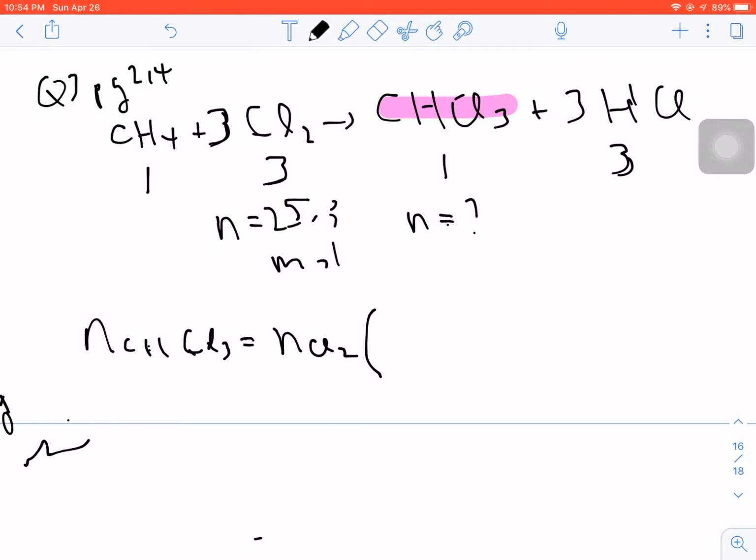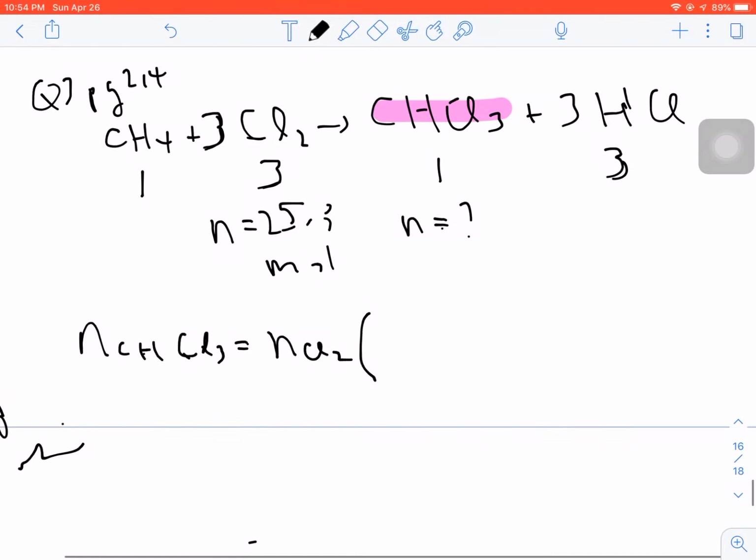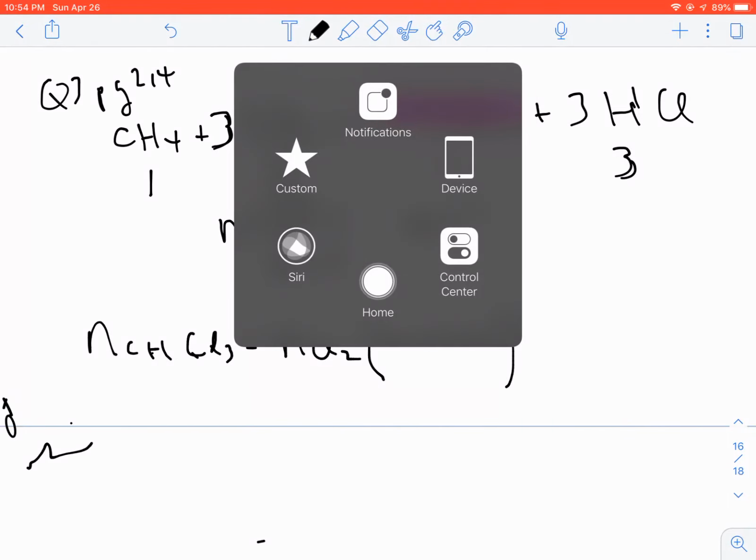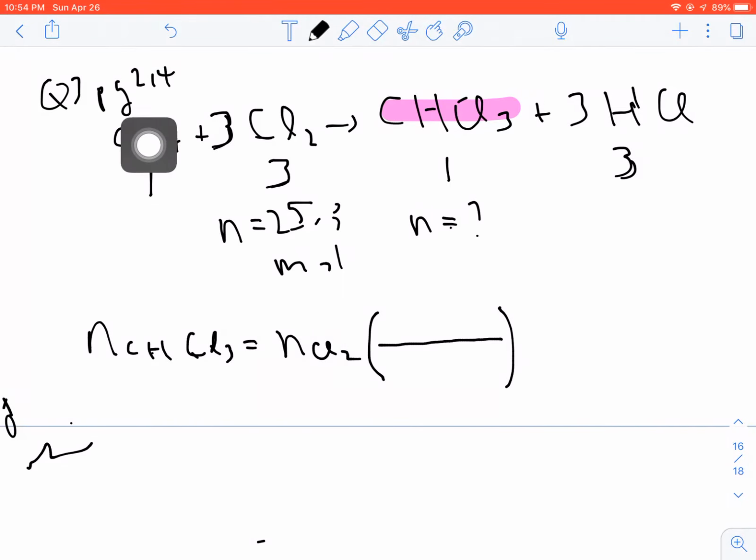So the mole ratio, again, remember what I'm trying to do here is I'm trying to look at 2 compounds in my equation up top here. So if I look at my equation up top, here's my original equation, and what I'm trying to do is I'm trying to calculate CHCl3, right? And there's 1 CHCl3.